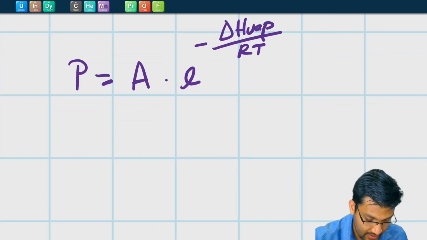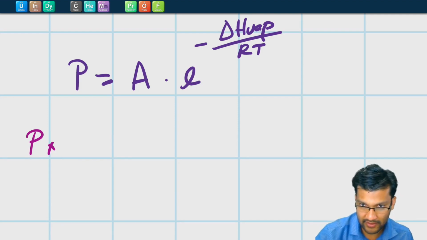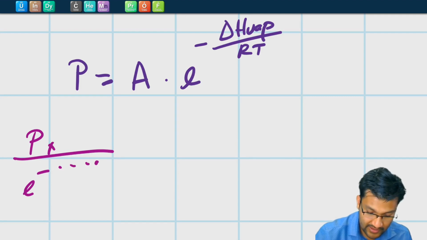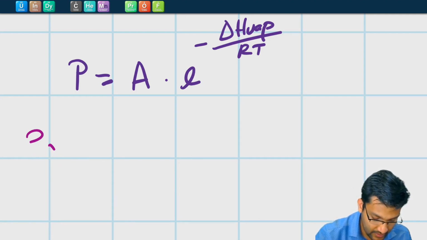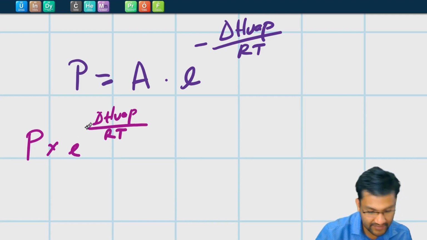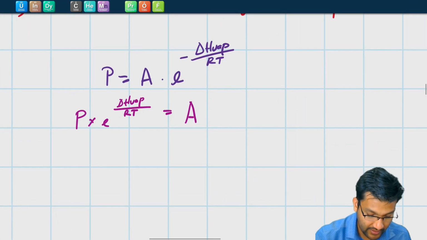So we'll get P times, we're dividing by an exponential, but if I'm dividing by e to the minus whatever, it's the same as multiplying by e to the positive. So e to the power of positive delta H of vaporization over RT. Instead of dividing by a negative exponential, we multiply by a positive exponential; it's the same math. So all of that is equal to the constant A.